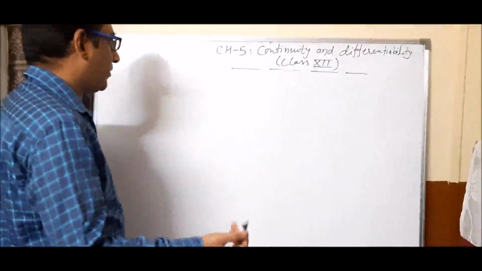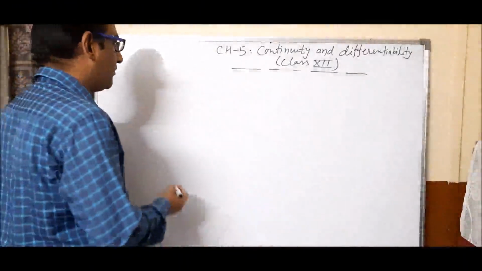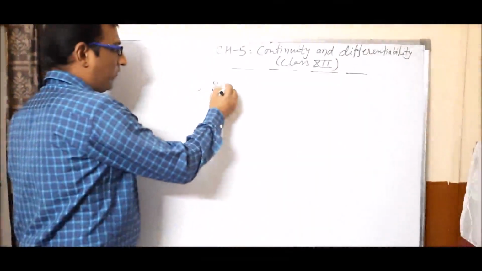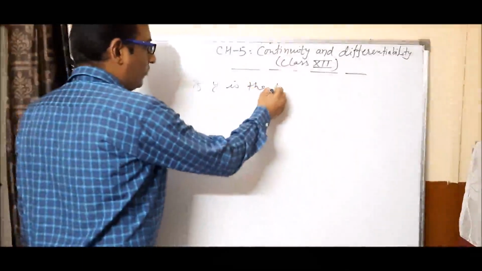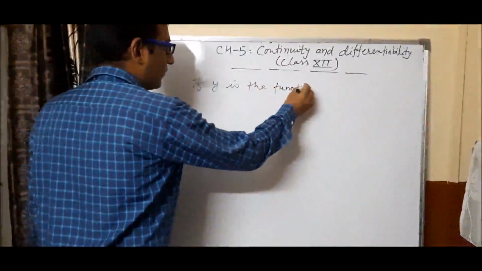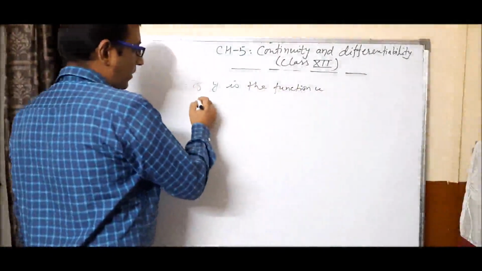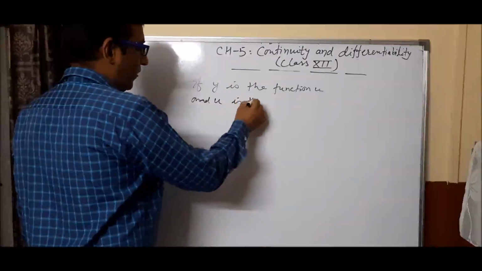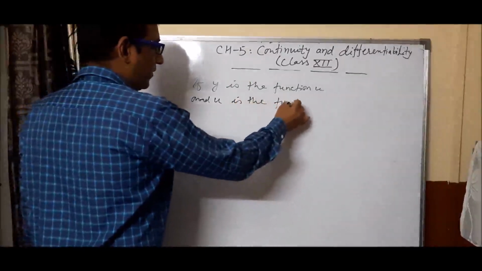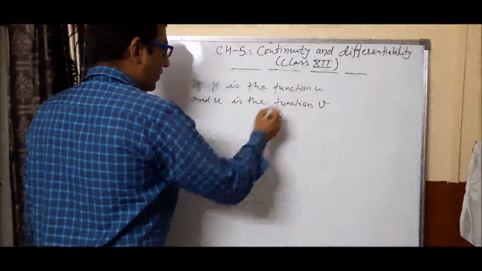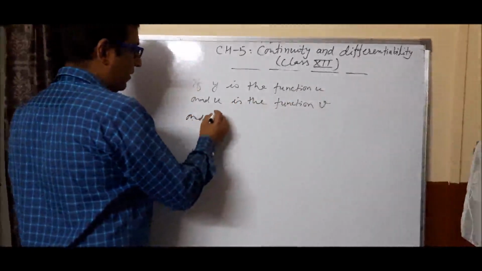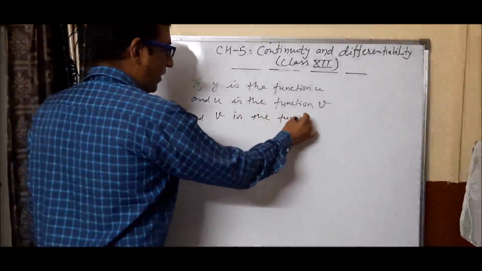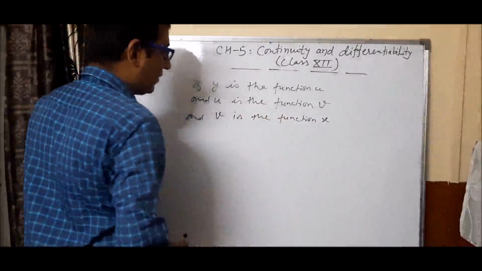Now I am continuing with one more concept related with the chain rule. If y is a function of u, and u is a function of v, and v is a function of x, right?